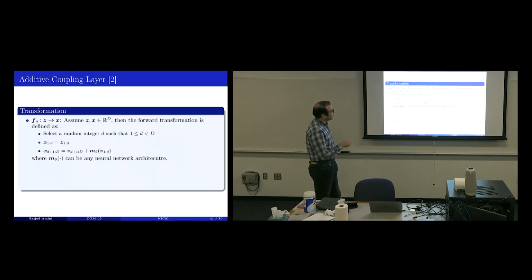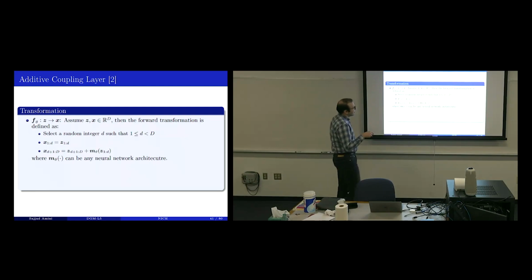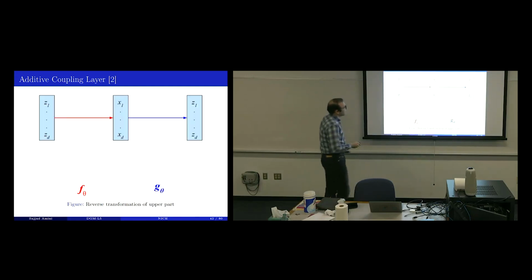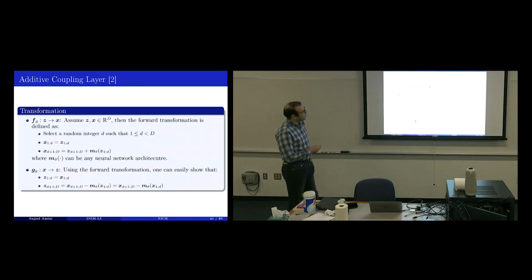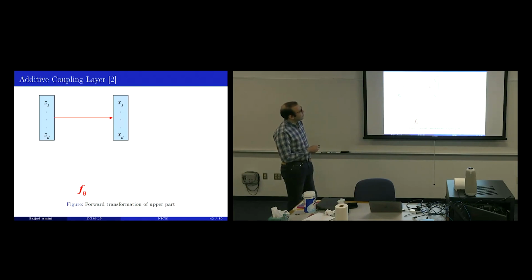The second part in your observed data is the second part in your base data, plus the output of this M function. We can see better in the figure. I updated these figures. You can have better visualization of the process of the additive coupling layer.